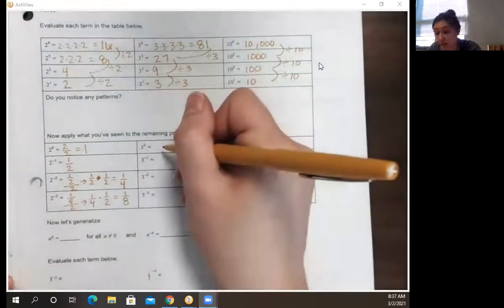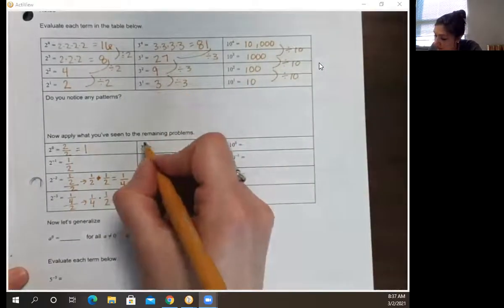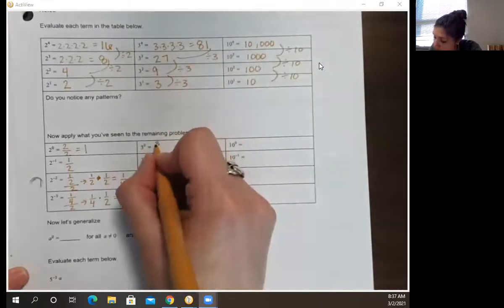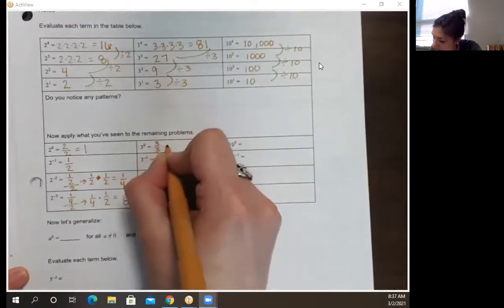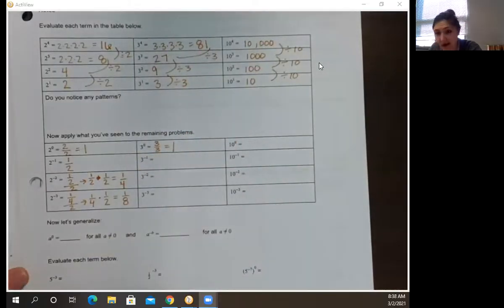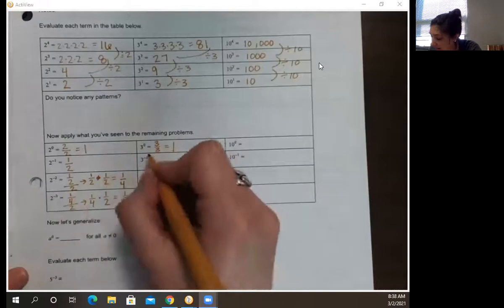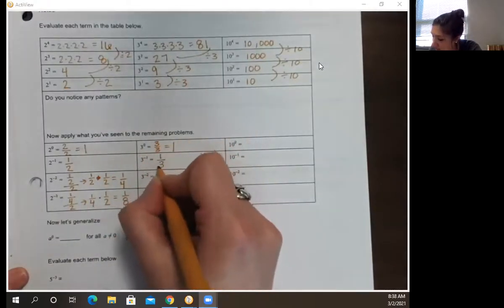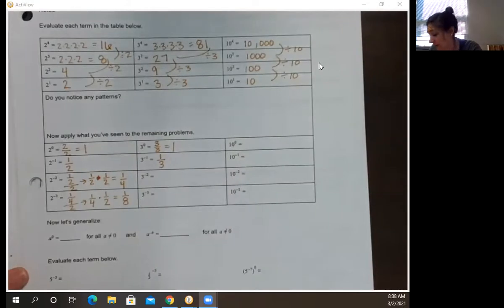And we could do the same thing with our 3's. So to reduce the power on 3, I could take my last answer and divide by 3. So 3 to the 0 power would be 1. If I reduce that power again, I could take my last answer and divide by 3. So I would get a third.